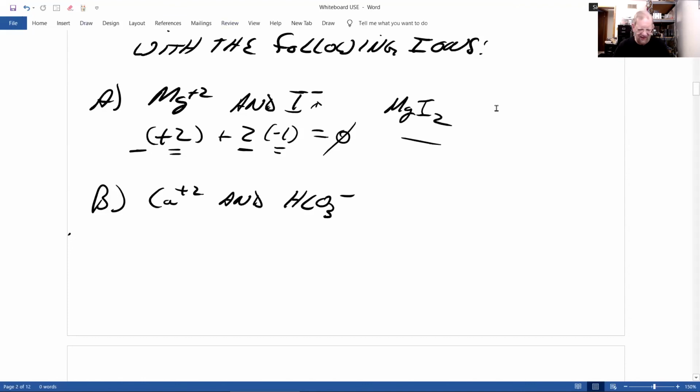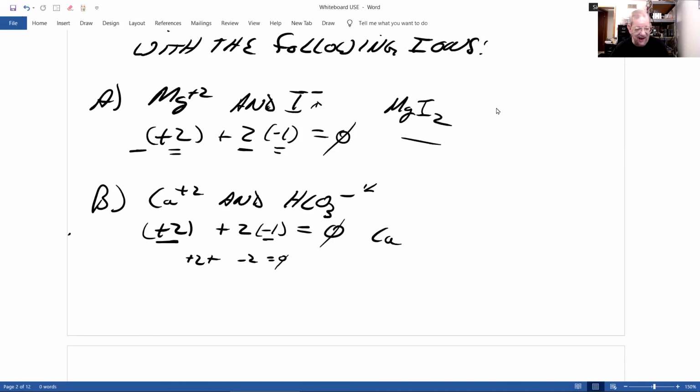All right, time's up. This is a +2 cation. This is a -1 anion. When you add them up, they have to add up to 0. They don't. You can't change the charge, but I can say if I have two of these, 2 times -1 would be -2, plus +2, and that does equal 0. How do you write that? 1 calcium.